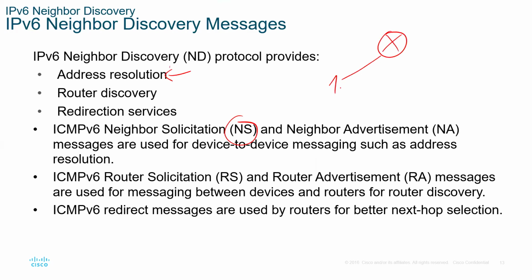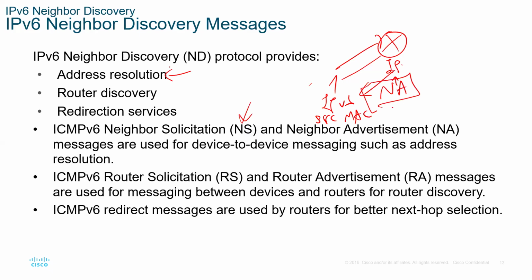This is our PC. If this PC has an IP, the default gateway has an IP, we know the source MAC here, but we don't know the destination MAC here. How does it resolve? This is IPv6. A message is sent from the PC to the router, called the neighbor solicitation. If the router receives the neighbor solicitation, it responds with the neighbor advertisement, and within the neighbor advertisement is the information about the MAC address of the device.